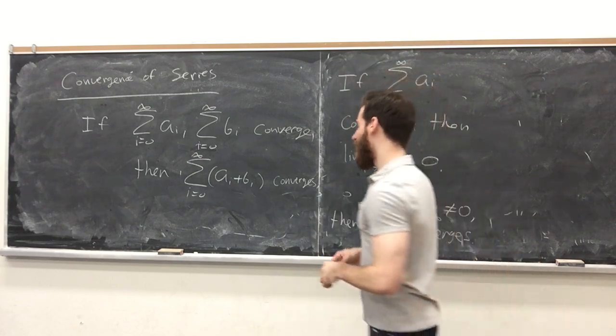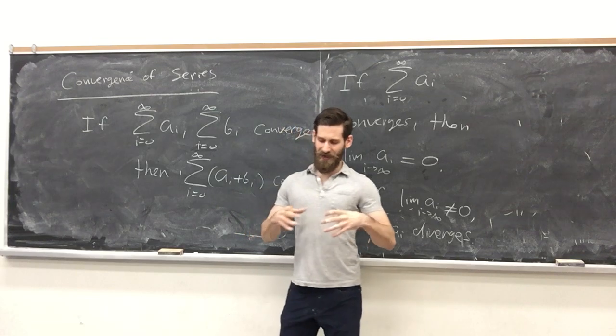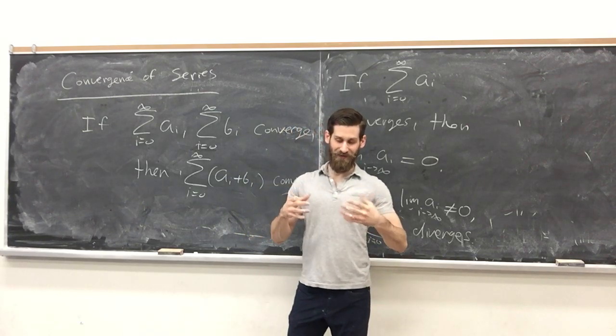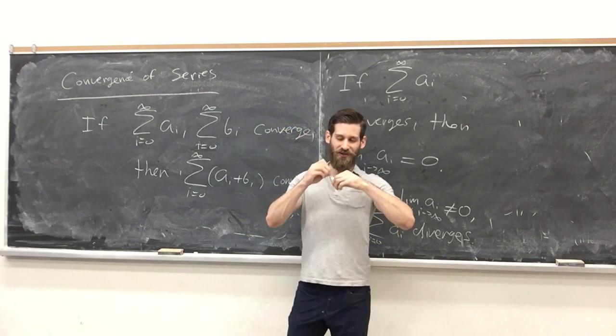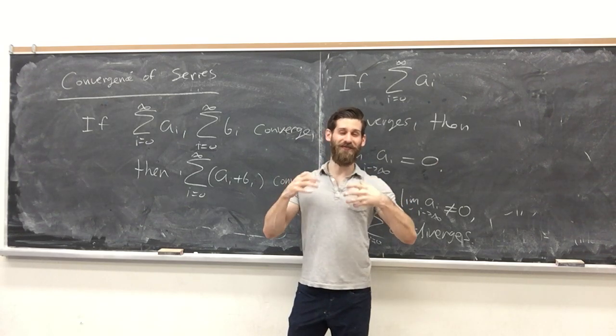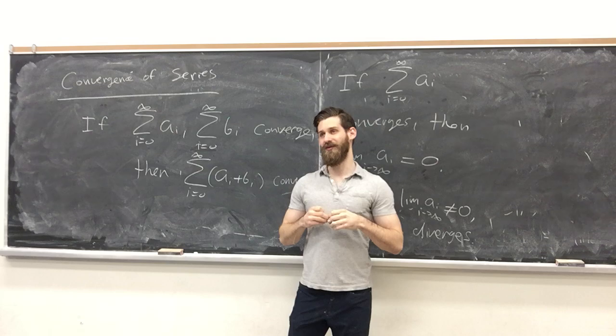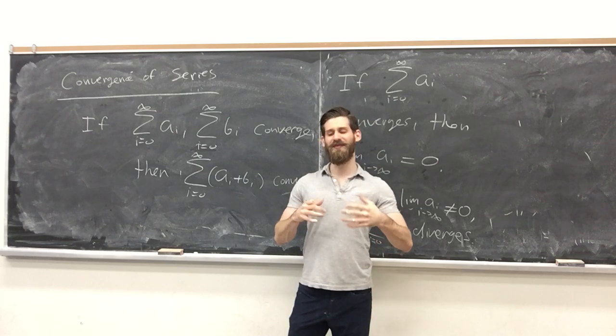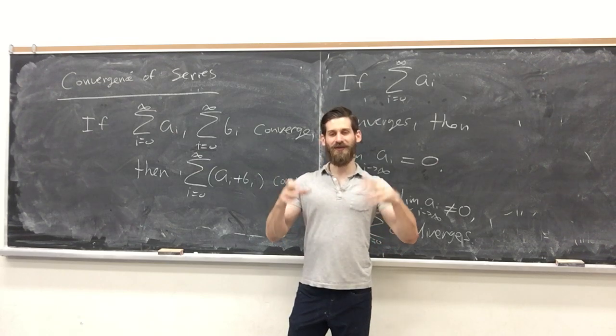Another one that's important to understand is that if you have a series you could change finitely many of the terms, and it won't affect whether or not it converges or diverges. So this is basically because finite sums always converge.